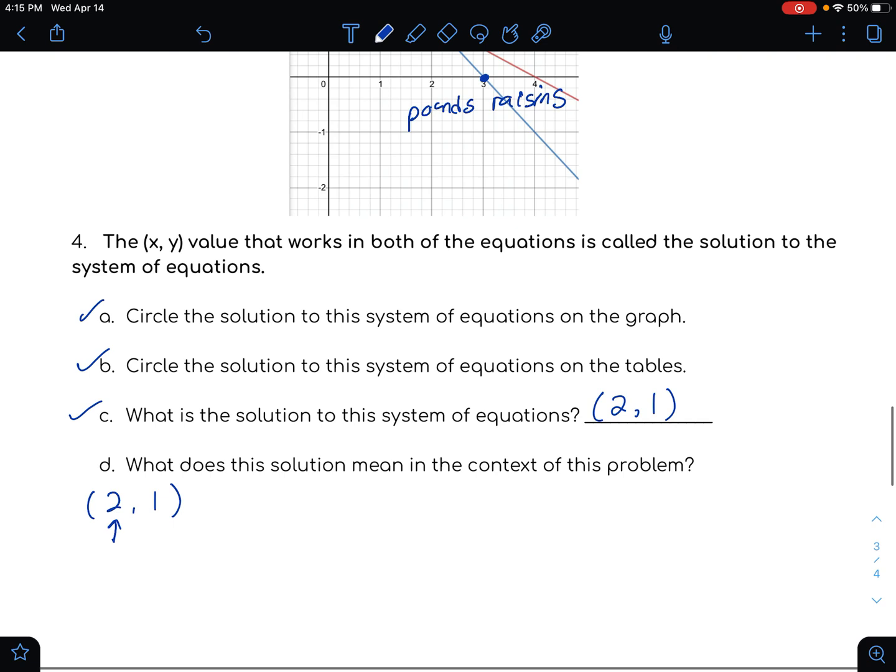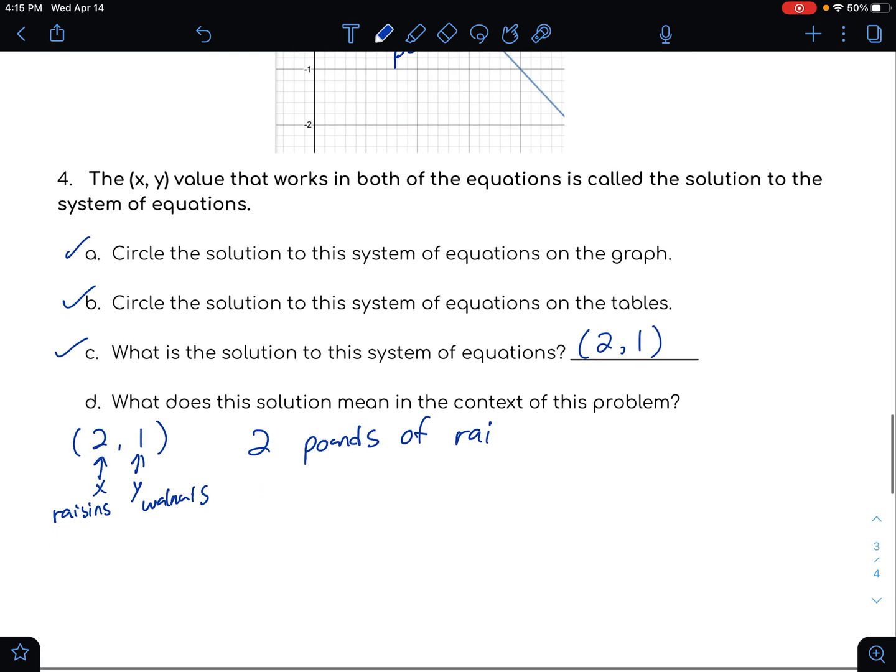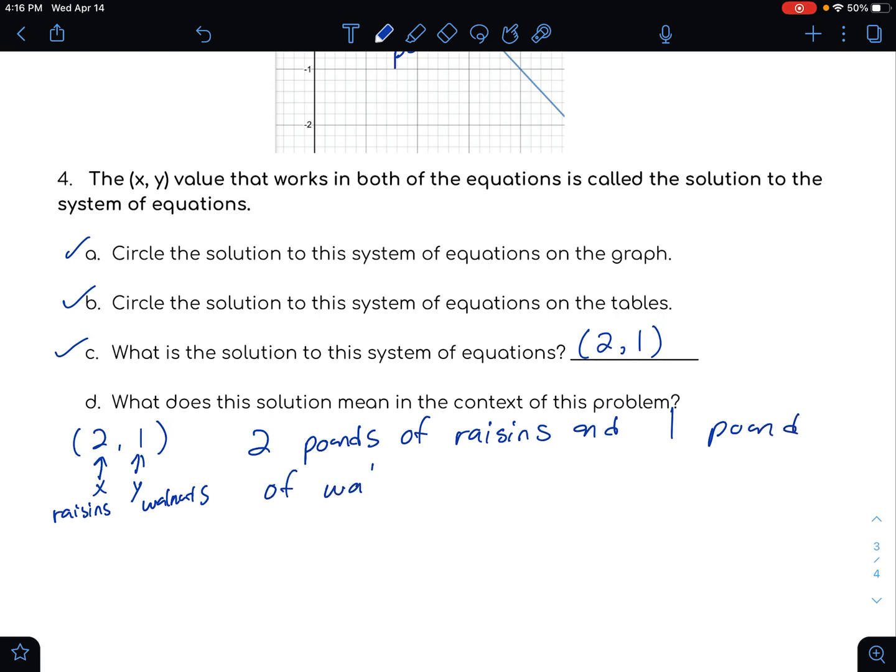So 2, 1 means that we have 2 pounds of raisins, since raisins was our x and walnuts was our y, and 1 pound of walnuts.